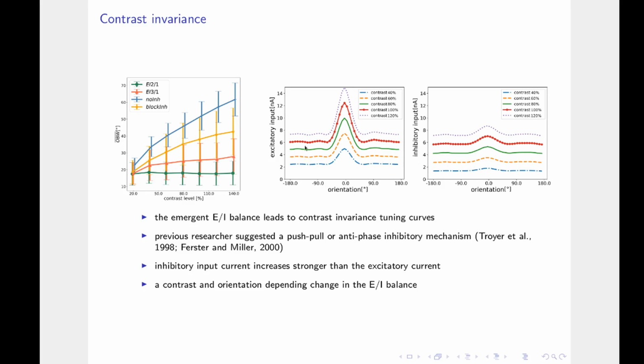As you can see, for the non-preferred orientations, the excitatory currents are higher for lower contrast levels. But for higher contrast levels, the inhibitory currents increase more strongly and compensate the excitatory currents completely for the non-preferred orientations, thus leading to the observed contrast invariance behavior.